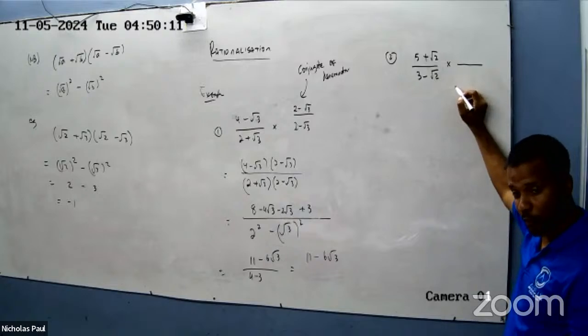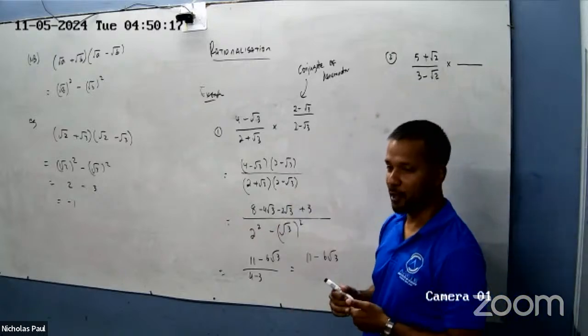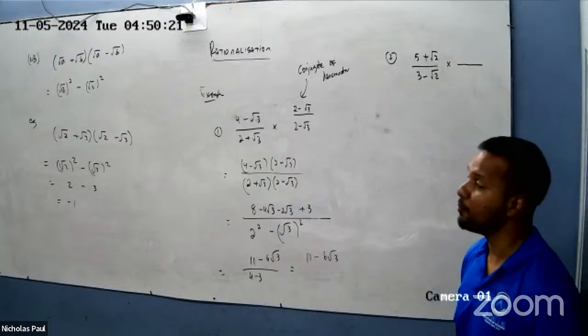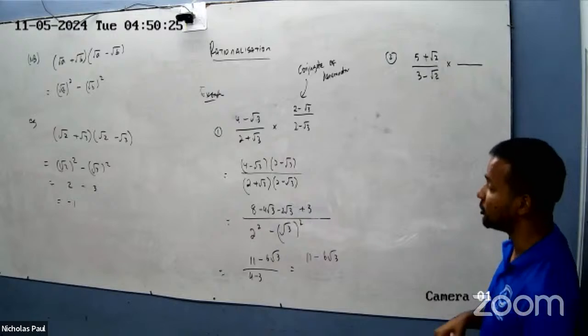Emmanuel, you sure you was in this class for the whole day? The whole session? What did we say the conjugate? Check back in your fast. Come on, Emmanuel. What's the conjugate of 3 minus root 2?